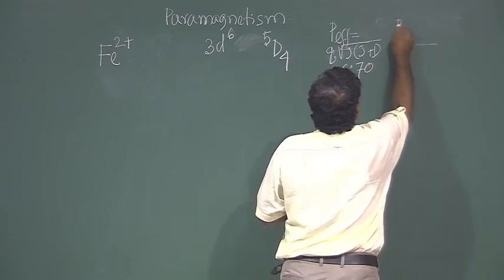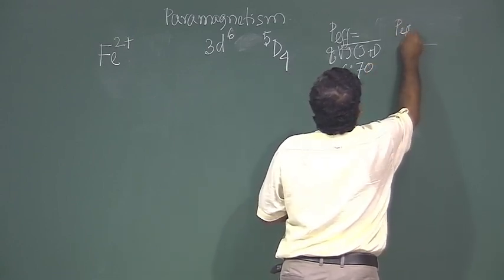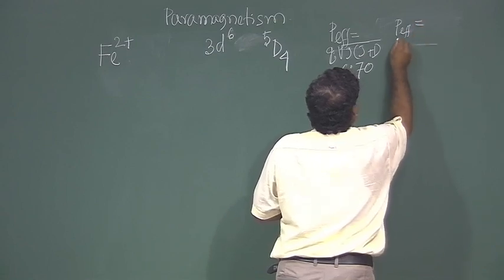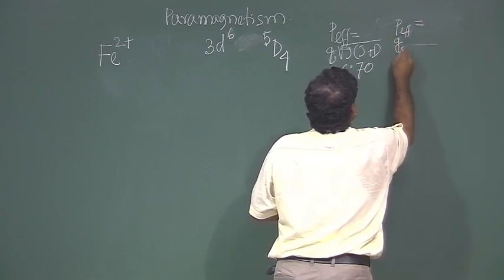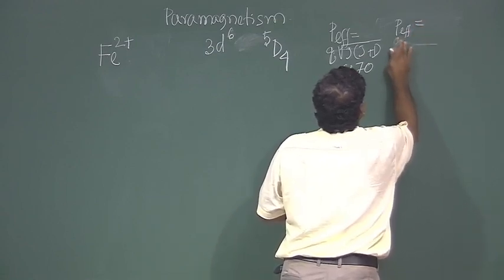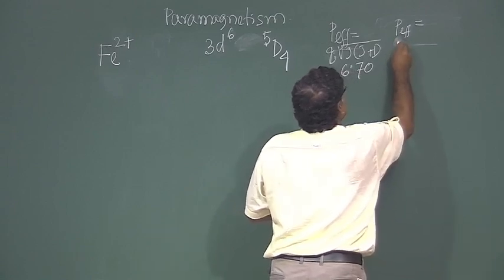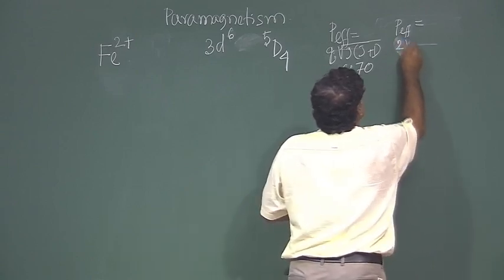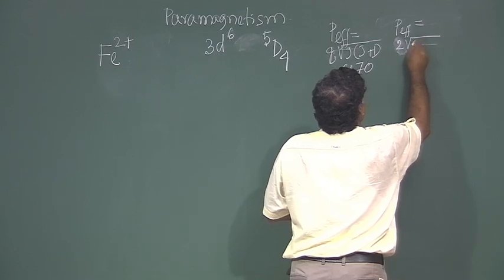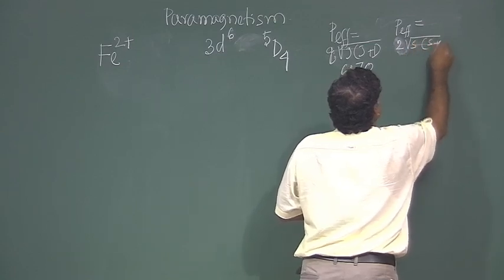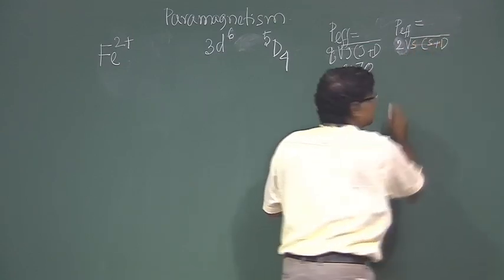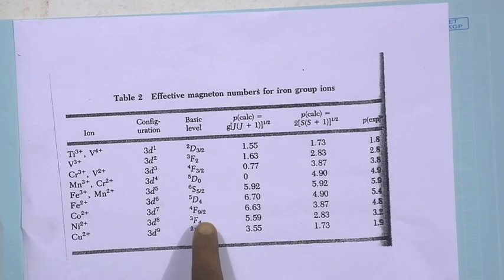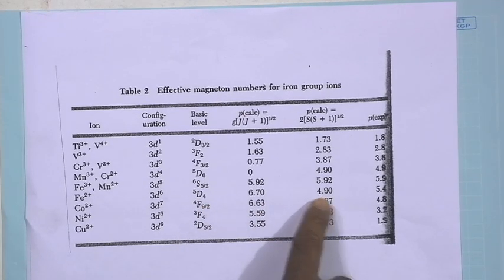And P effective, if I calculate with gS, that is basically 2 gS square root of S plus 1, this value is coming 4.90.